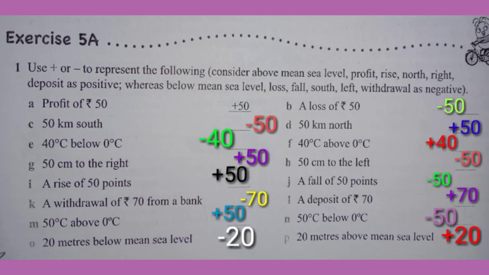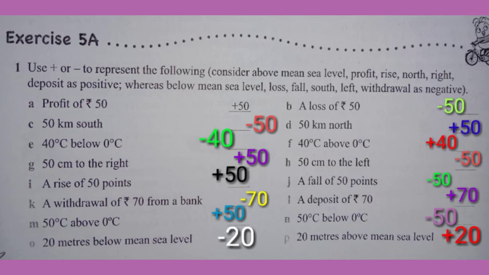Part B, a loss of rupees 50 which equals minus 50. C, 50 kilometers south which equals minus 50. Part D, 50 kilometers north which equals plus 50. Part E, 40 degrees centigrade below 0 degrees centigrade which equals minus 40. Part F, 40 degrees centigrade above 0 degrees centigrade which equals plus 40.